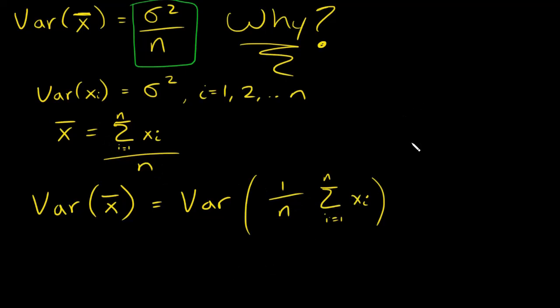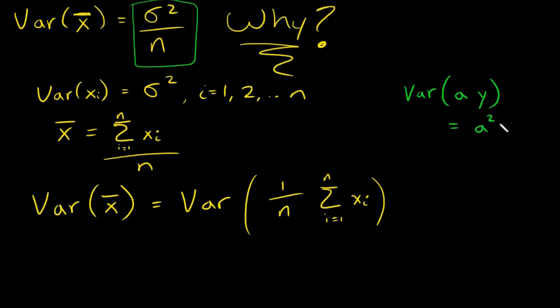Now you need to know a property about variance. If I have the variance of some constant times a random variable, I don't want to use x because I'm already using x, so suppose my random variable is just y. The variance of a times y equals a squared times the variance of y.